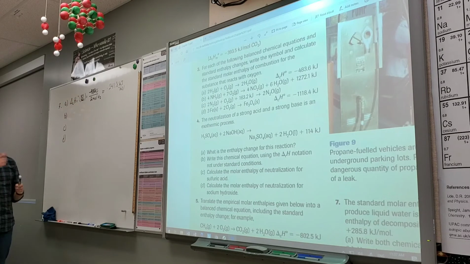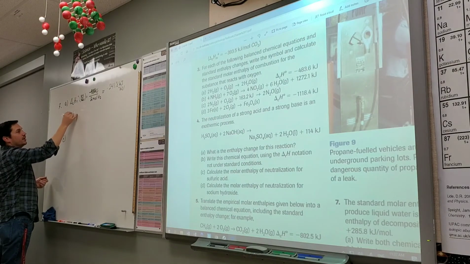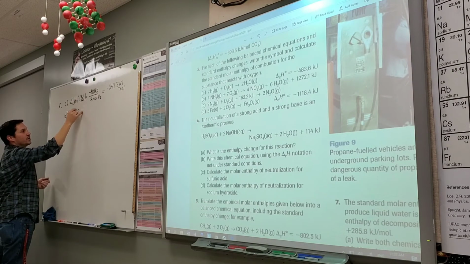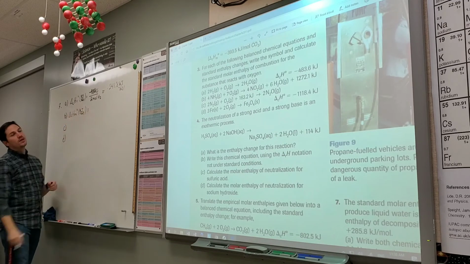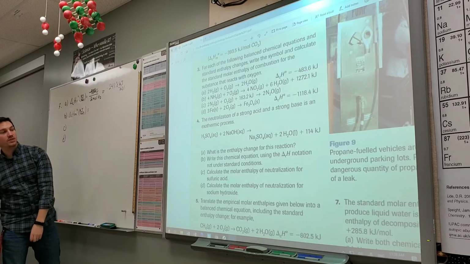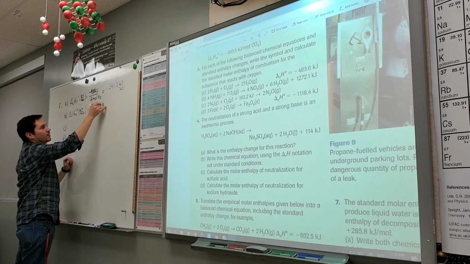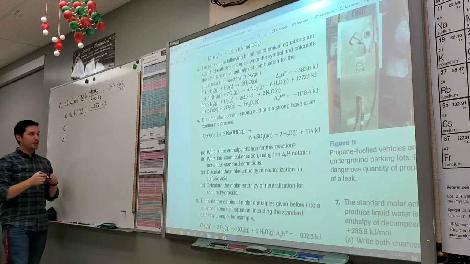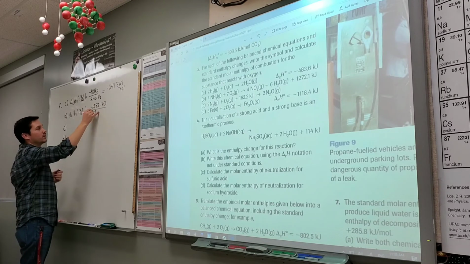So if we were to look at question 3b, it's the same thing. Molar enthalpy of combustion, so kilojoules per mole is what we're looking for. If we have negative 1272.1 kilojoules, how many moles are reacting to produce this much energy? 4.